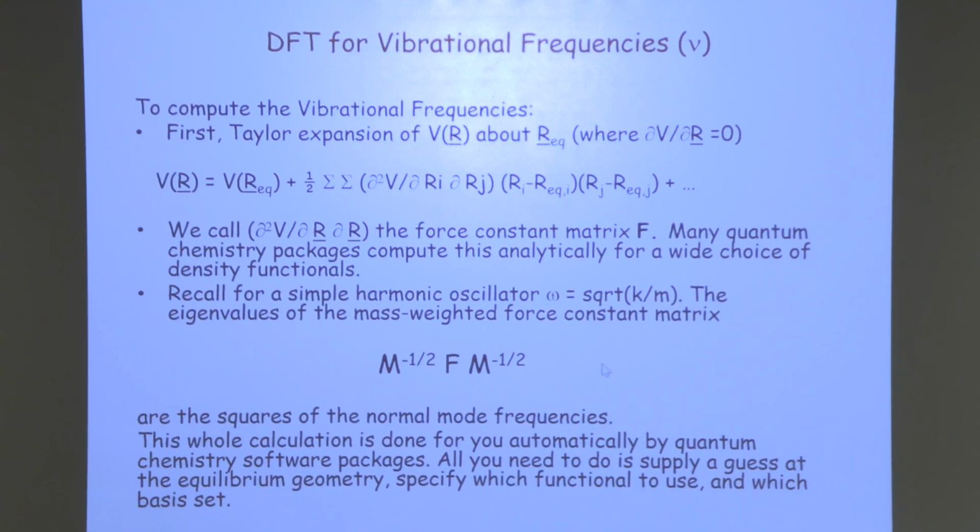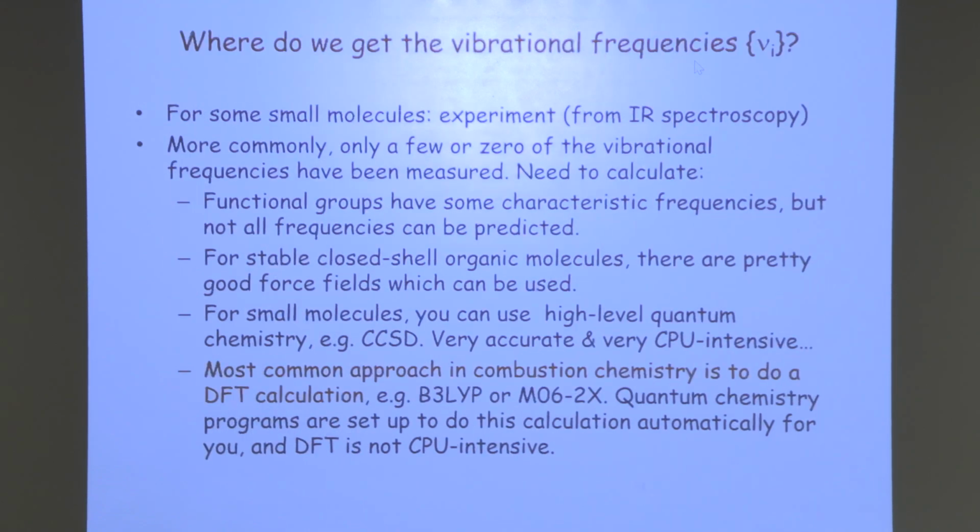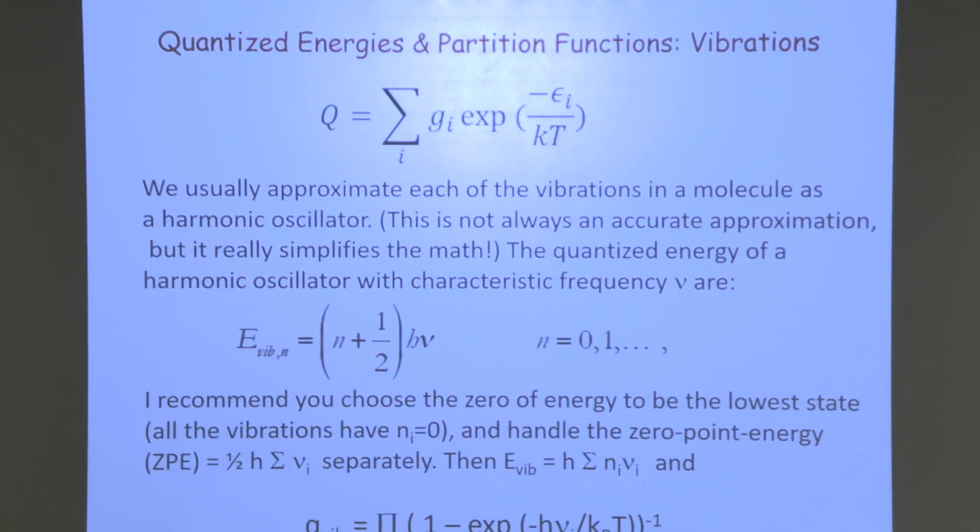And so it's now simple. Once I have this matrix, I just do a little bit of linear algebra, and boom, I have the frequencies. Remember, the whole purpose here is I'm trying to get the frequencies because the frequencies appeared in my expression for the partition function, the nus. Right?